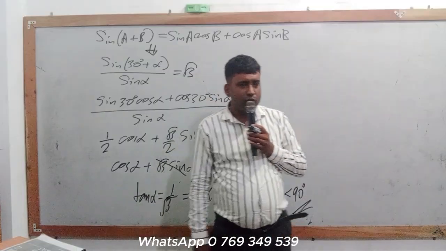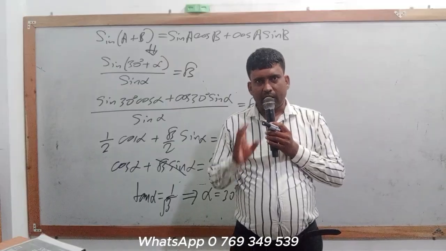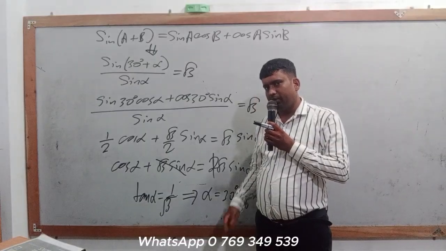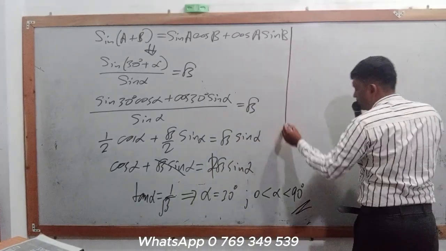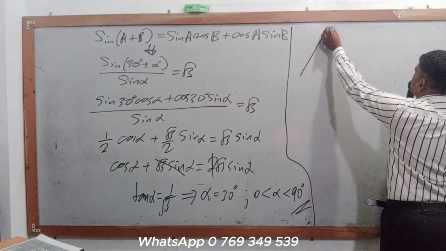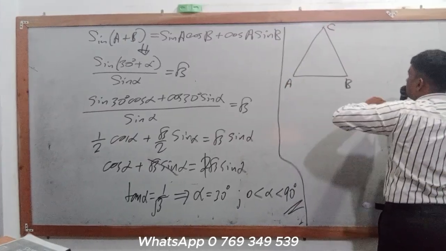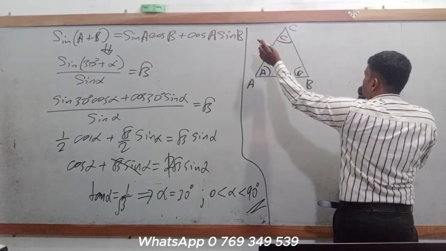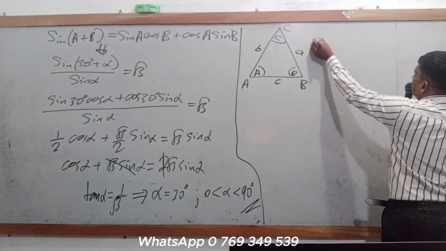Part 3. In usual notation, state the sine rule for triangle ABC. I'm not going to erase this one because it combines with this question. Here is the triangle, with A, B and C. What is the sine rule?